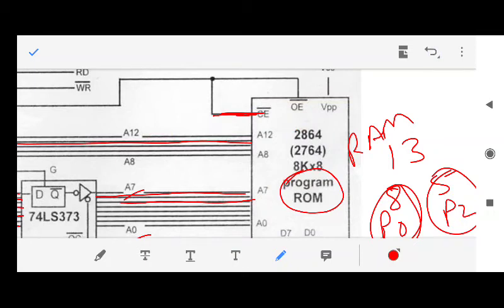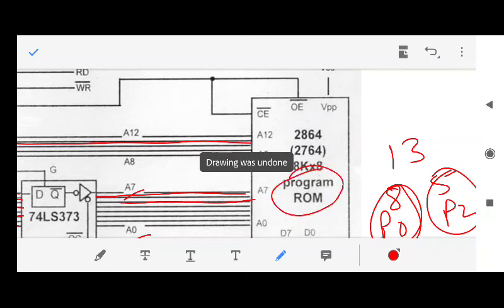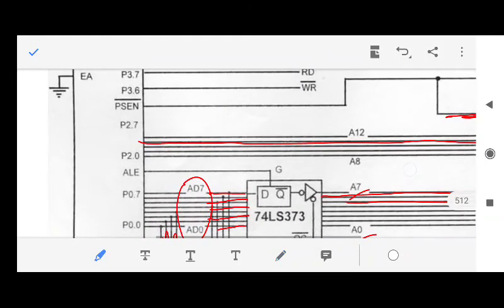But since this is program ROM, and we have already studied that in case of program ROM, the chip select signal or the chip enable signal should be connected to the program store enable. What is program store enable? It means that the program is stored outside of the 8051.